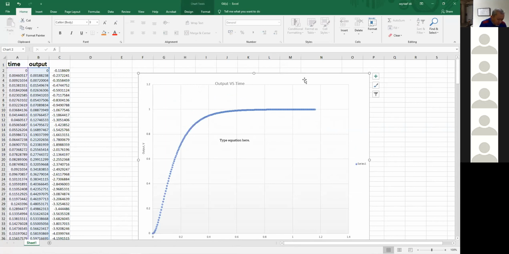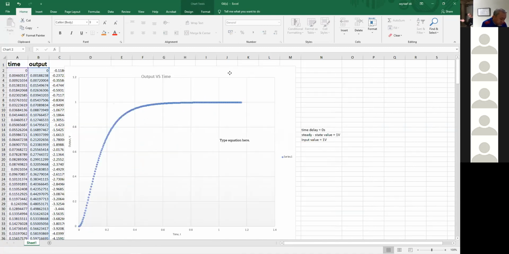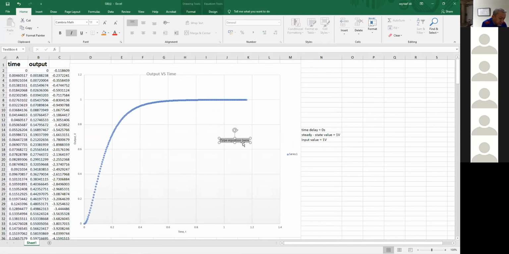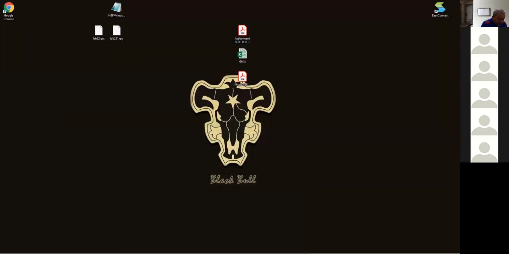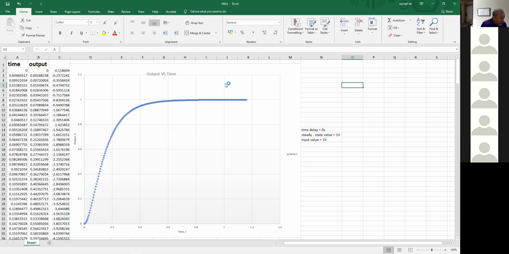So what is the problem? The problem is after we get the mathematical equation, this is the real data, the estimated data.